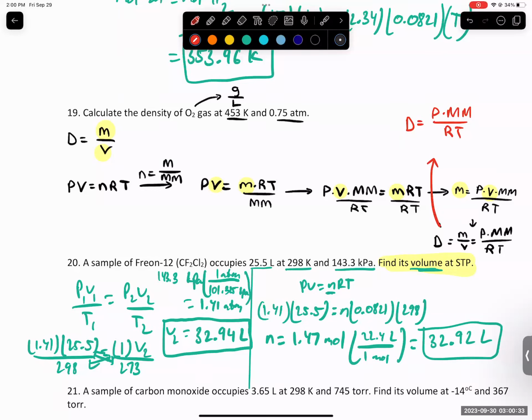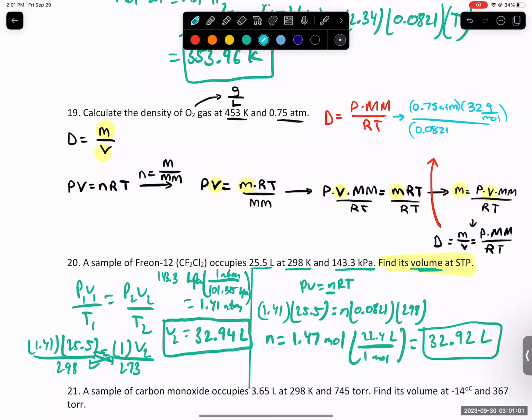0.75 atm times 32 divided by 1 times... Hold on. Let's work on this together. All right, so let's just plug everything in. Pressure is 0.75 atm, 32 grams per mole because oxygen is a diatomic gas, over 0.0821.